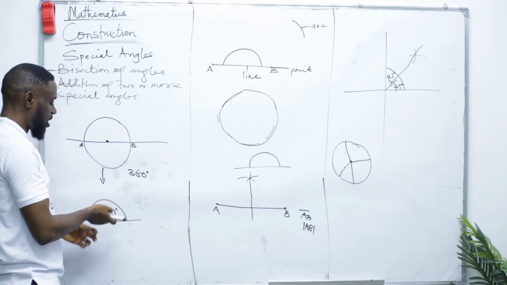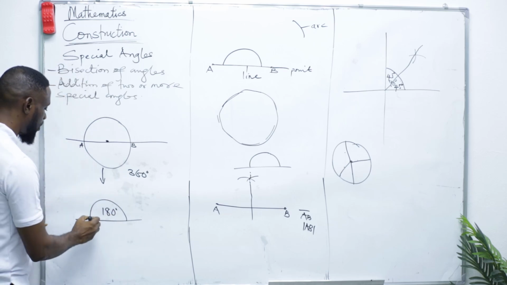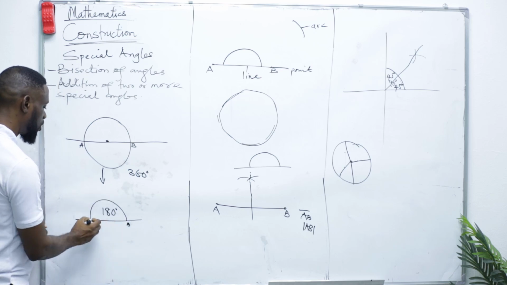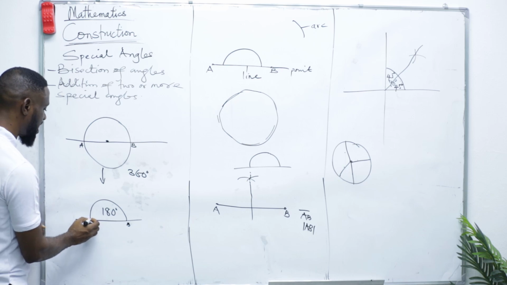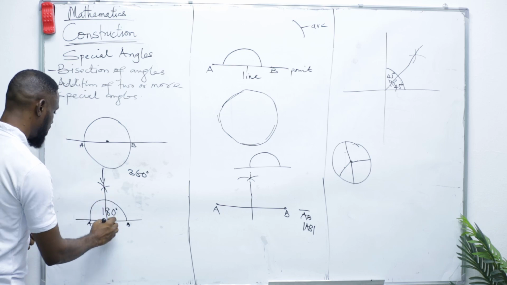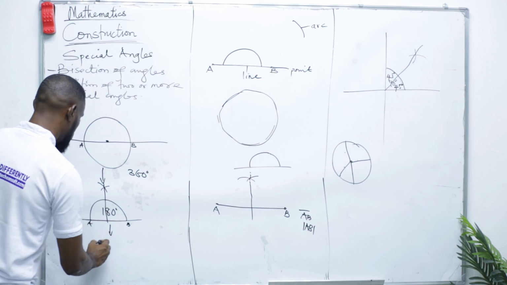It's like what we've done now. Now, from this 180, if this is our point A and point B, we can bisect this to get 90. So what we do is put our compass here, any convenient radius, and here any convenient radius, then we bisect it.